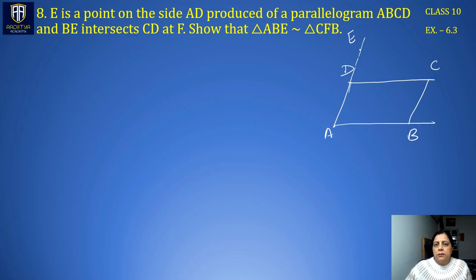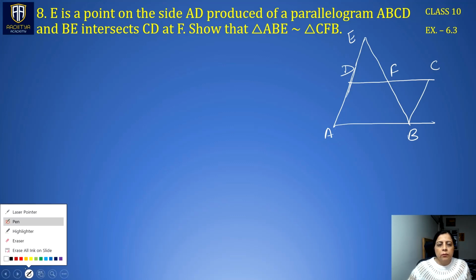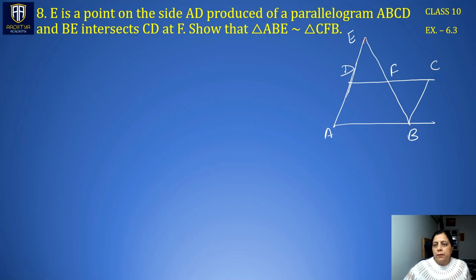Now BE intersects CD at F, right? This is the side. BE intersects CD at F, show that triangle ABE is similar to triangle CFB. So we have to look for ABE, this whole triangle, is similar to this small triangle, right?